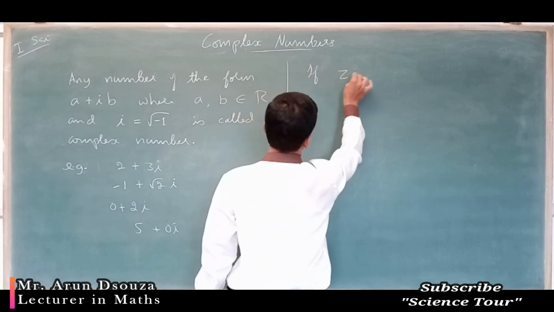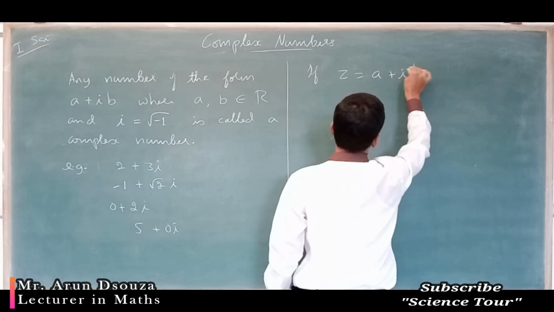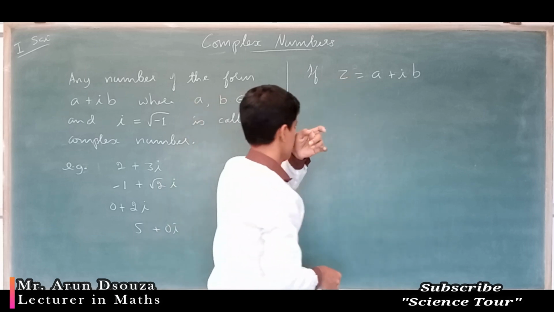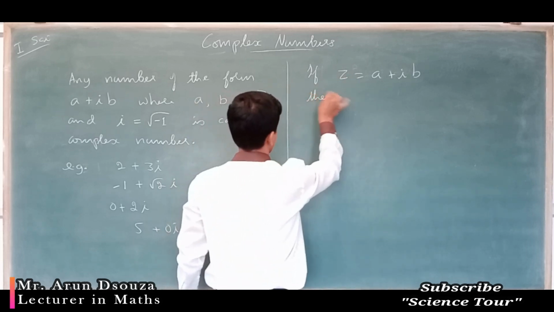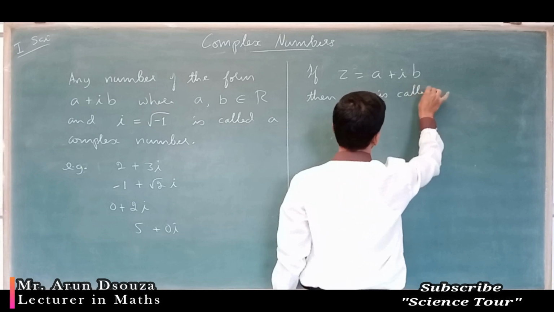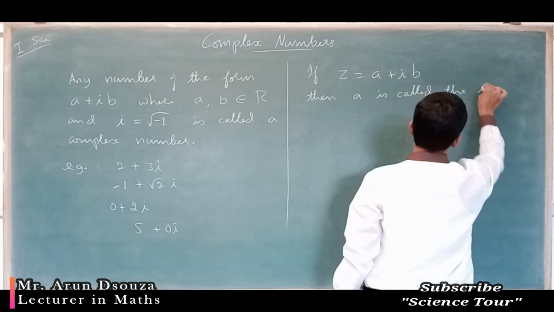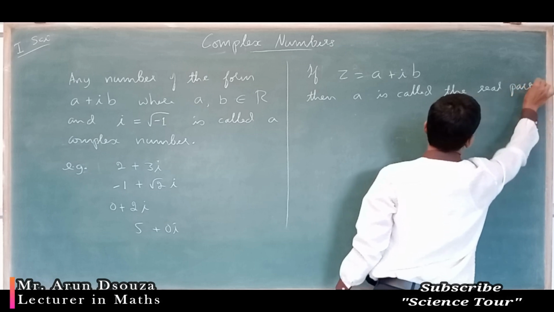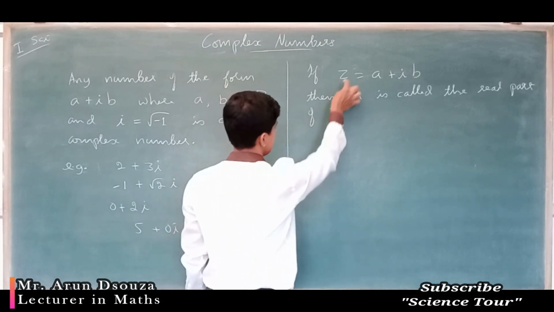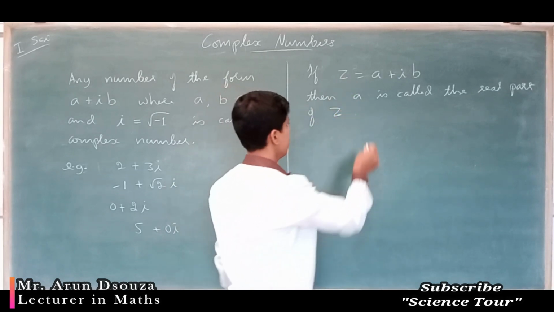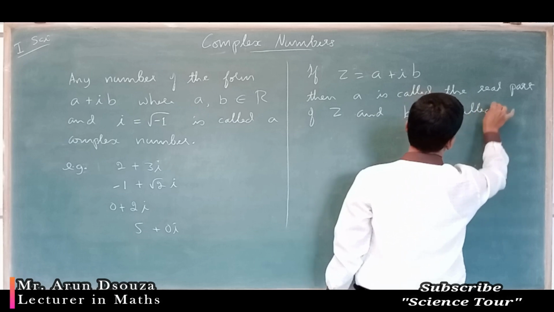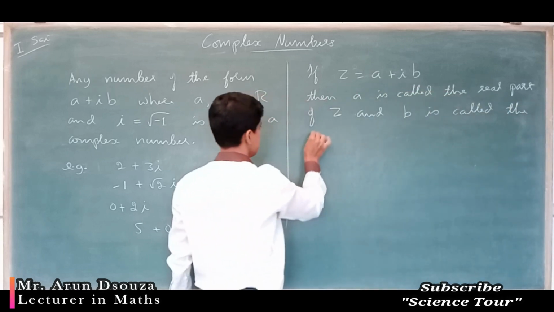So if z is equal to a plus ib, then a is called the real part of z, and b is called the imaginary part.